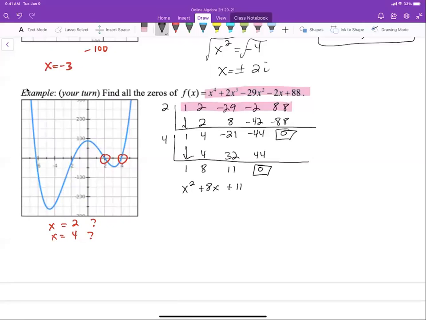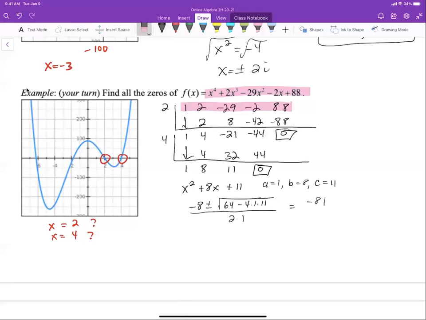And so I say, okay, negative b, so negative 8 plus or minus the square root of b squared, which is 64. 8 squared is 64, minus 4 times 1 times c, divided by 2 times 1. So if you recall, a is equal to 1, b is equal to 8, and c is equal to 11, okay? All right, so 64 minus 44, that will give me 20 under the radical, so negative 8.